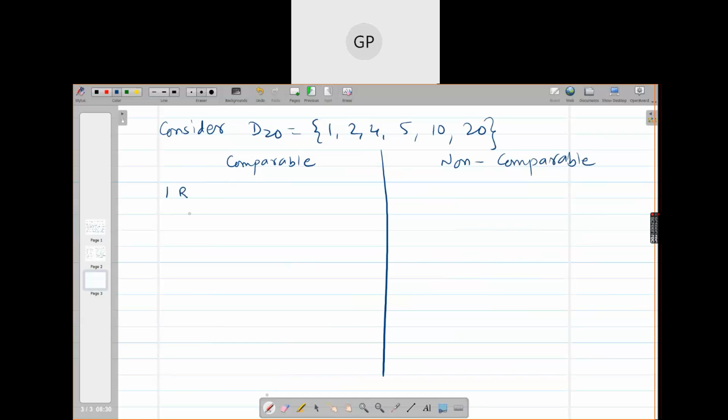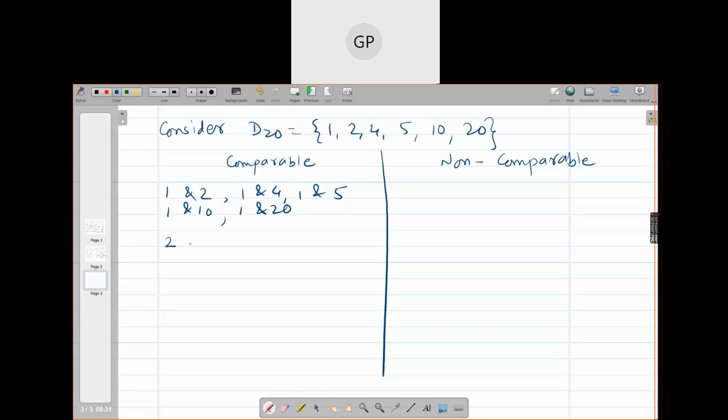Yes, it divides every number. So 1 and 2, then 1 and 4, 1 and 5. See, 2 does not divide 1, but 1 divides 2. Any one should be satisfied; both will not happen because it is a partial order relation. Then 1 and 10, 1 and 20. That finishes 1.